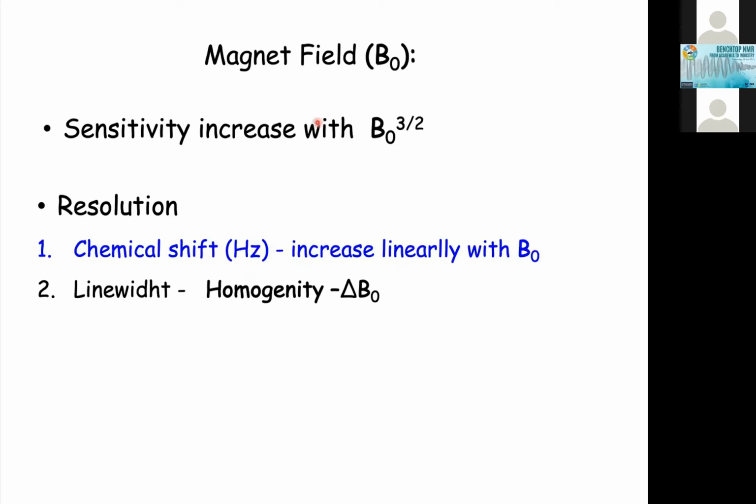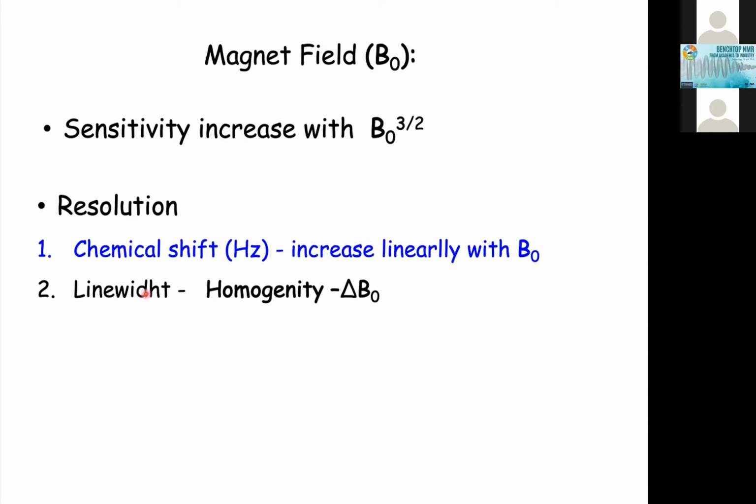And because of these two properties, the NMR people want to go to the highest field because they have the highest sensitivity and highest separation in chemical shift. Okay, if you calculate the chemical shift in ppm or delta, this doesn't increase because it's normalized by the resonance frequency. But chemical shift increases linearly with the magnetic field.